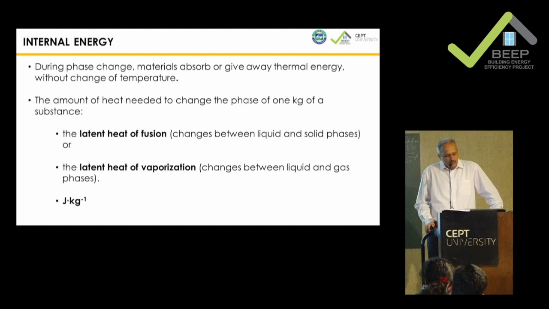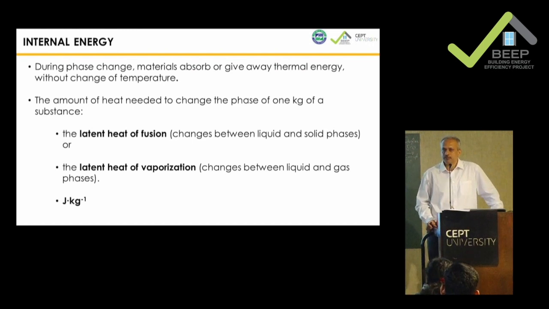So when a material is changing its phase, it absorbs or gives away thermal energy without changing the temperature. There are new materials getting into the market called phase change materials, and they use this principle to give you a reduction in energy, a higher degree of comfort, or comfort for an extended period of time.